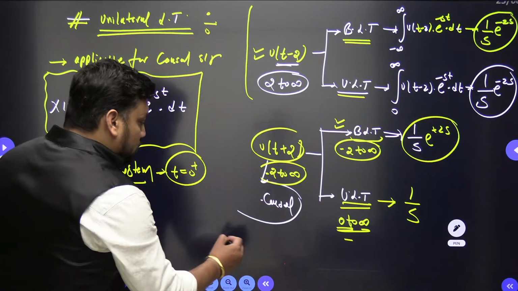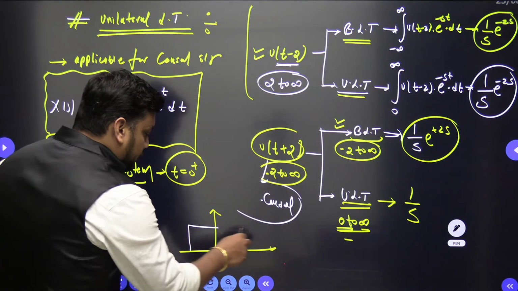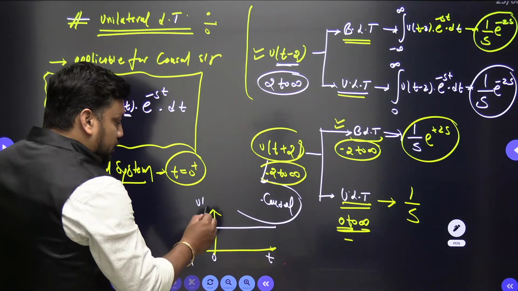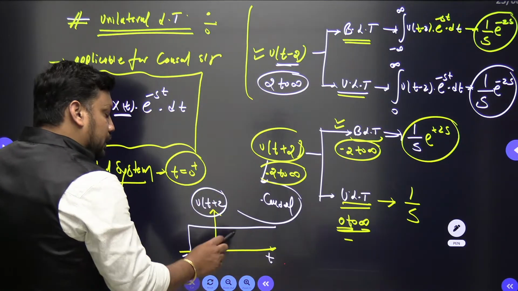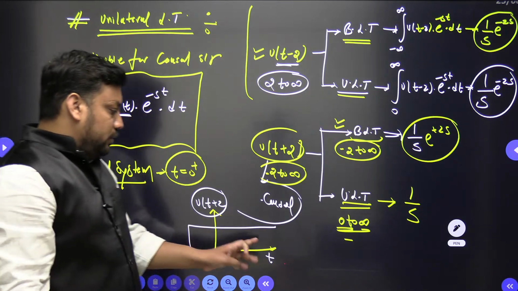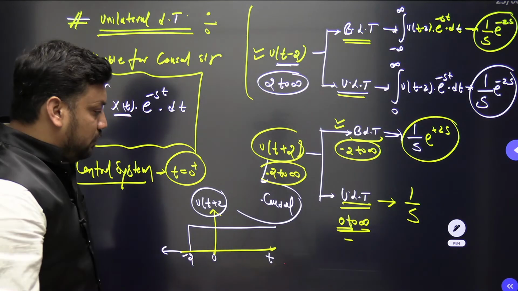Why? Because the u(t+2) curve is from minus 2 to infinity. In the bilateral Laplace transform, I can take the limit from minus infinity to plus infinity, so I can take the Laplace transform easily from minus 2 itself.